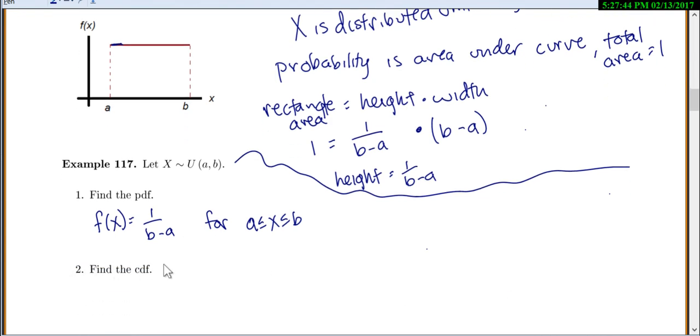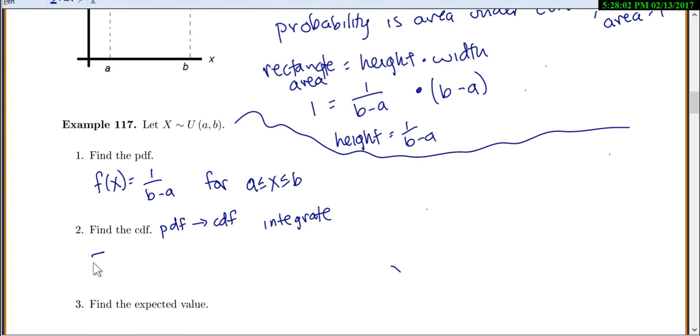So, find the CDF. How do you find CDFs if you know the PDF? Going from the PDF to the CDF, we always integrate, because we're adding up all of those areas. So the CDF, or capital F of x, you integrate from negative infinity to x of the PDF with some dummy variable. But we don't usually start at negative infinity; usually we have bounds.